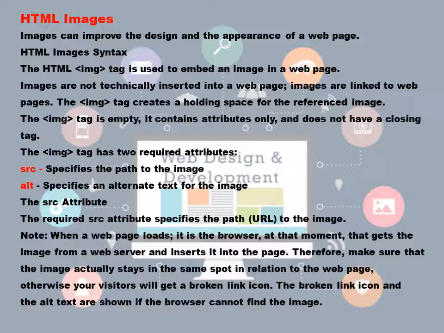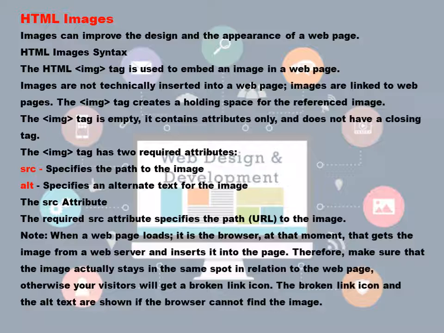If your image is not loading for some reason, whatever value you set in the alt attribute will display there. The source attribute is the required attribute; it specifies the path, that is the URL to the image.